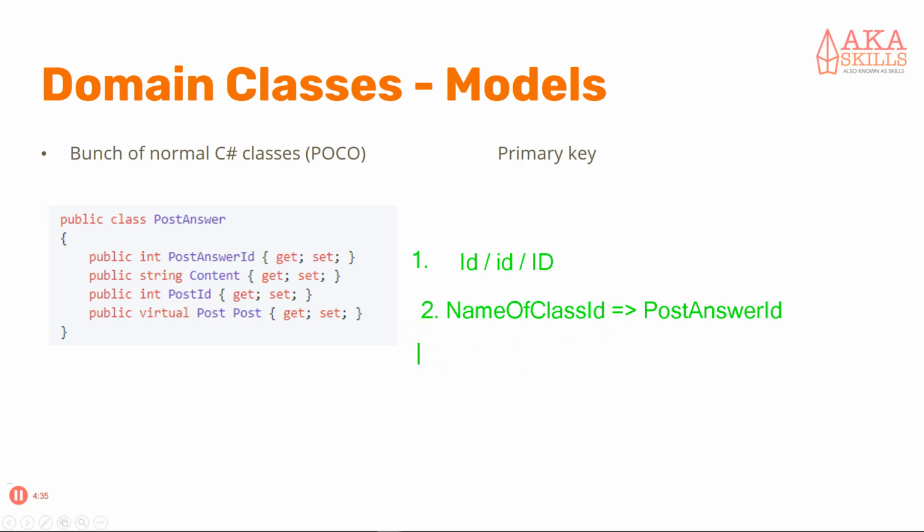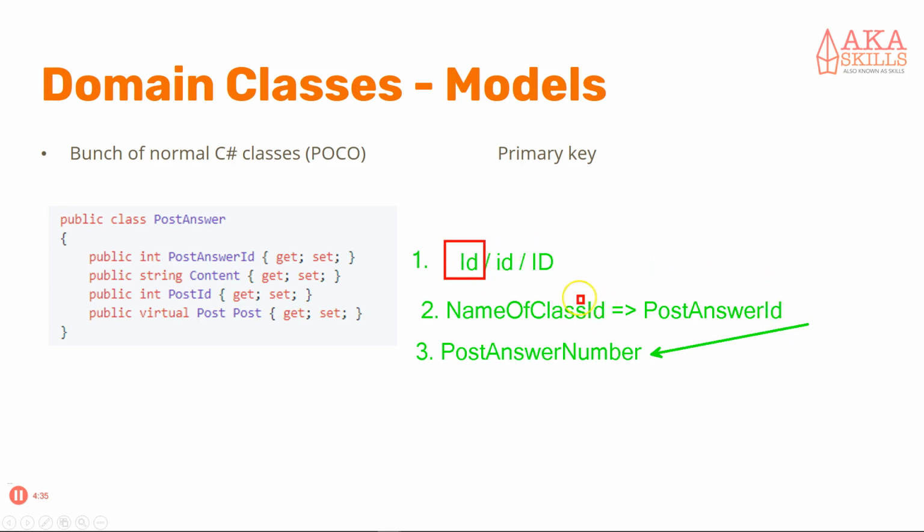We got actually a third option, and the third option is, what if it doesn't find it? Because we got some duplication with something else that contains Id. Or I don't want to name it Id. I want to say that this will be PostAnswerNumber, and it will not understand it because I don't have Id.